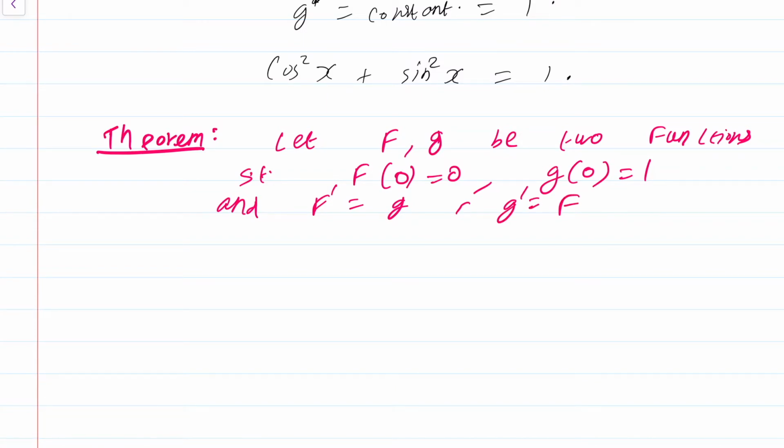Okay, just assume this much. So we are assuming that f and g are functions from R to R. We are also assuming that f and g are differentiable and the derivative of f is g and the derivative of g is minus f. And we have f of 0 is 0 and g of 0 equal to 1. Then f of x equal to sine x and g of x is equal to cos x.